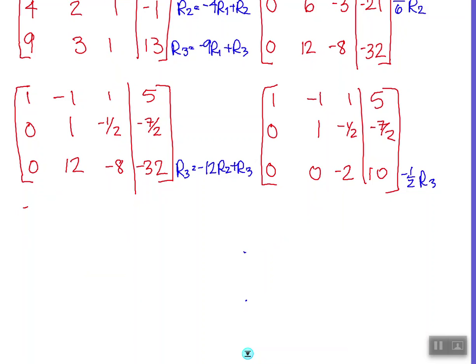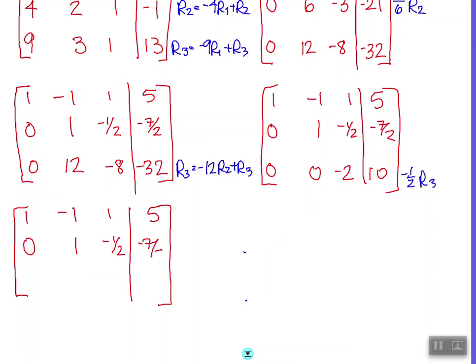So the first two rows stay the same. If I multiply the third row by negative 1/2, I have 0, 0, 1, negative 5.